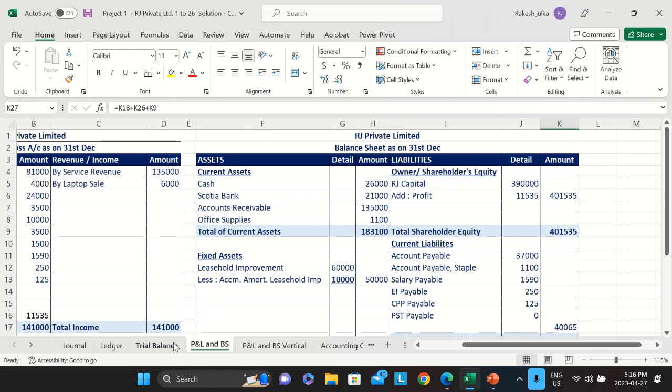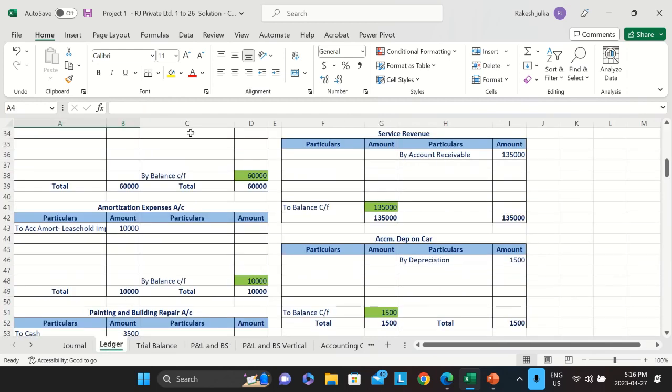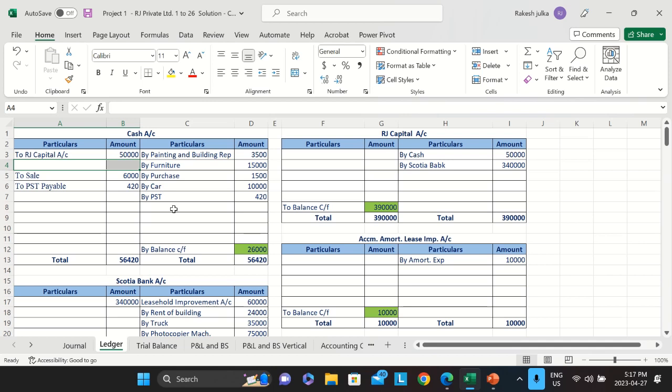Now how to interpret it? Only one thing I am going to interpret, it's very very important. We see that this is the cash account. Why are all these balances here? Why have we created all these ledger accounts? We know that the cash inflow is that $50,000 cash has come into the business, 6,000 also coming by sale, and PST that we receive from the client.